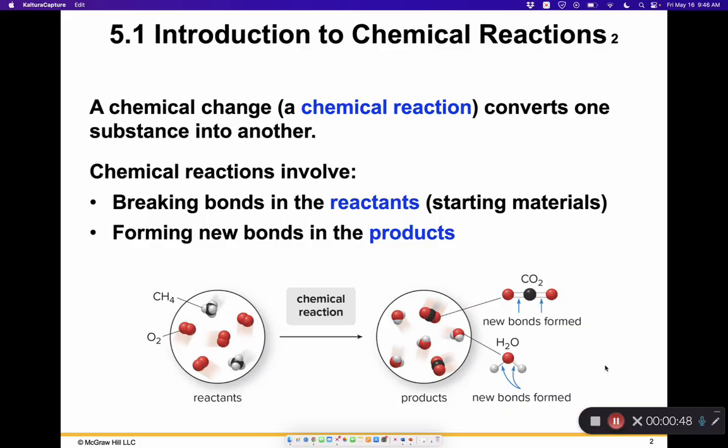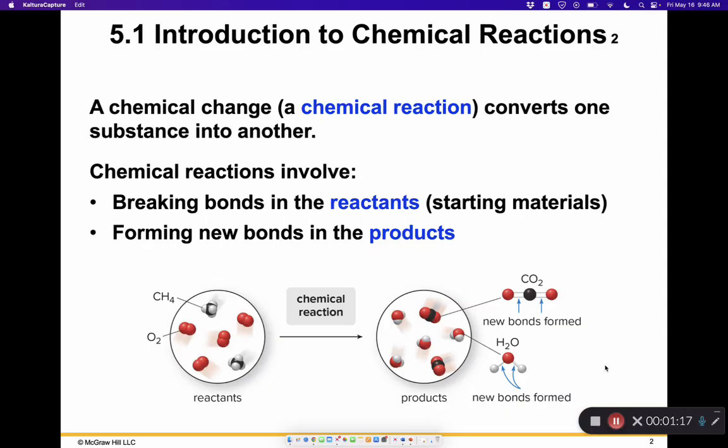In today's lesson, let's introduce ourselves to the chemical reaction. First of all, it is important for you to understand that chemical reactions are a chemical change. If you remember the physical changes and chemical changes we discussed, chemical reactions involve formation of completely new compounds.